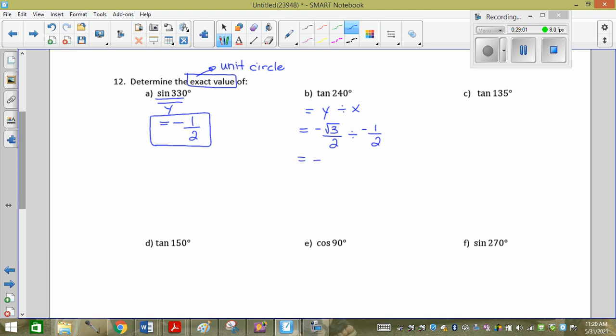So I'm going to get negative root 3 over 2 times 2 over negative 1. And the 2's cancel. And I'm left with negative root 3 over negative 1. Which is a good answer, but what's the actual answer? Yeah. Just root 3. Because the negative divided by negative is just root 3.